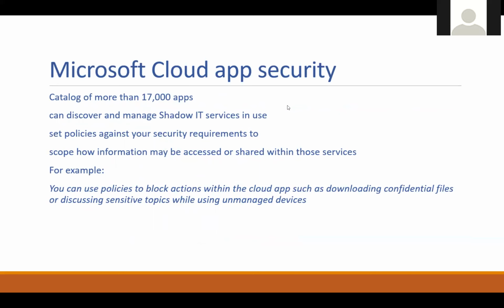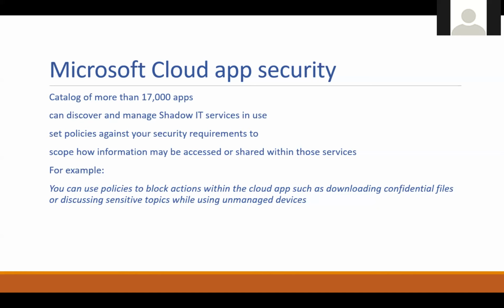And Microsoft Cloud App Security has a catalog of more than 17,000 apps. It can help you discover and manage shadow IT services where someone may be exchanging files on a regular basis with Box that wasn't necessarily reviewed or monitored by the IT department or the security team.